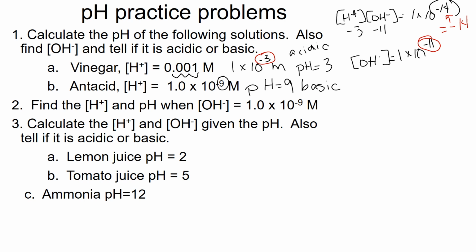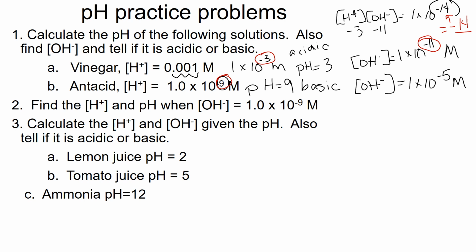Then to calculate the OH minus, the 9 plus some number is going to give us minus 14, and that number is minus 5. So 1 times 10 to the minus 5 molar, and this should be molar as well, is our concentration of base.